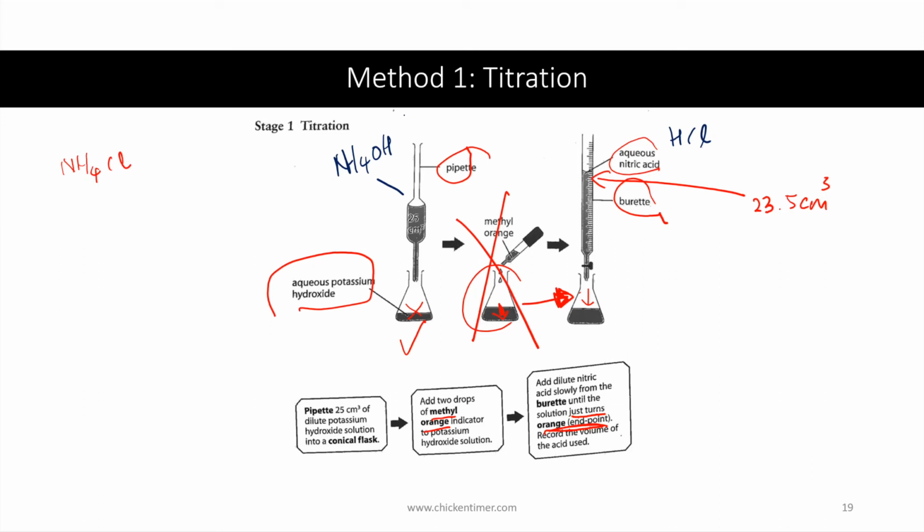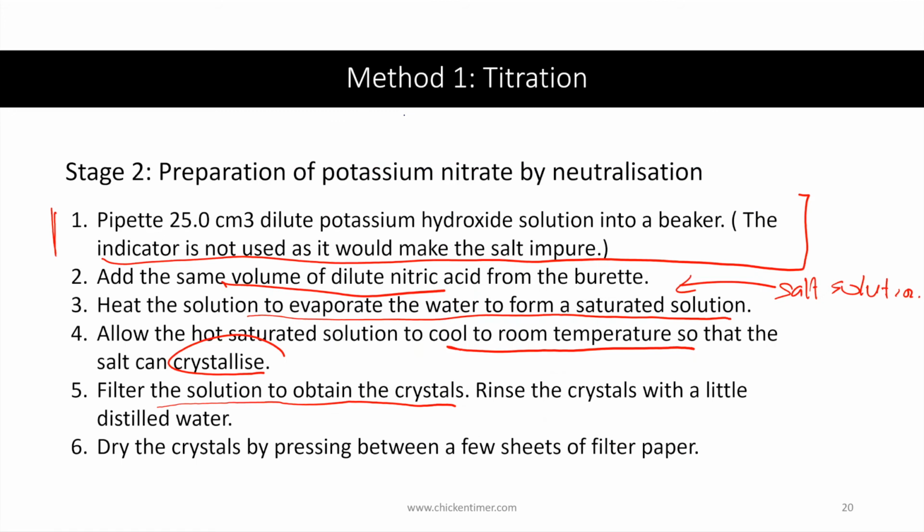Then add hydrochloric acid slowly from the burette until the solution just turns orange. Record the volume of hydrochloric acid used. Then after that, repeat it without the indicator.